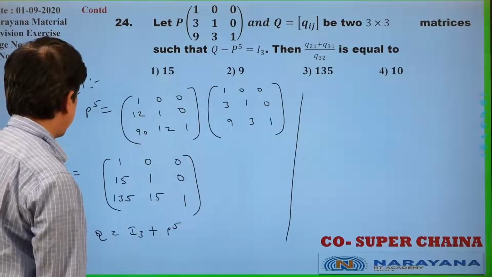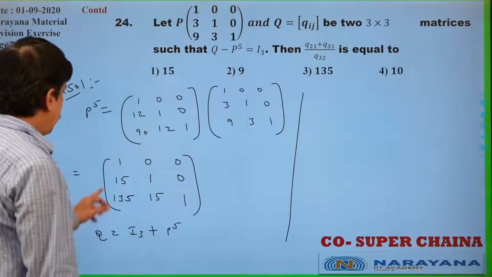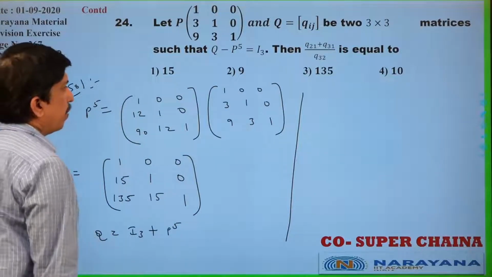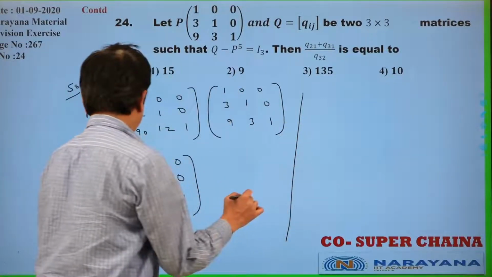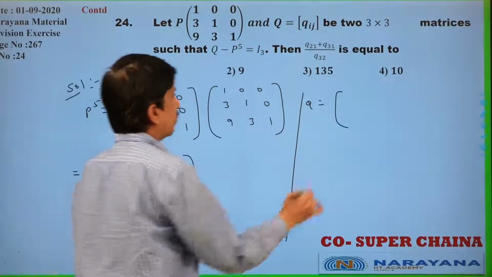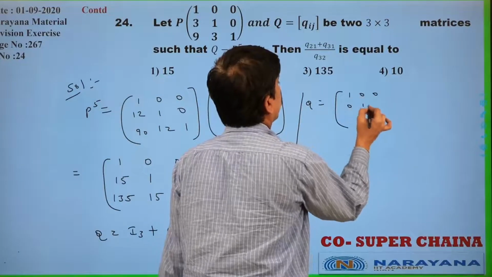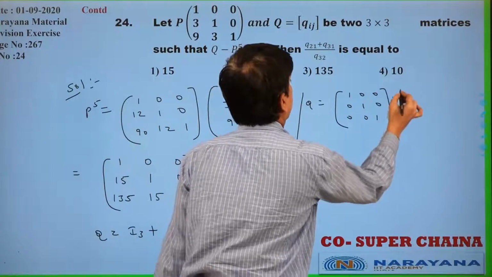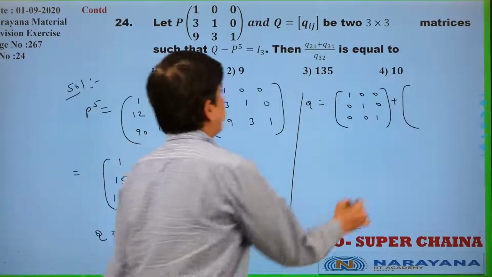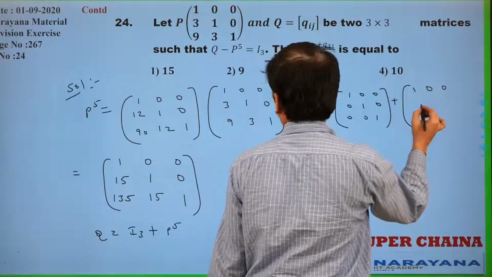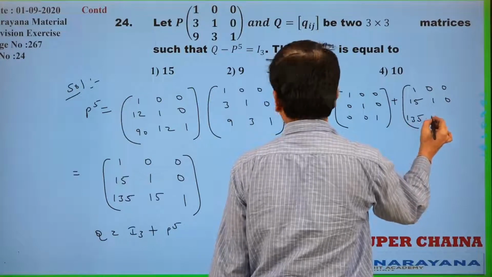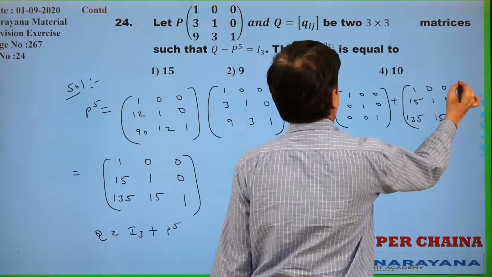I3 is nothing but 1, 0, 0, 0, 1, 0, 0, 0, 1, plus what you will get? P power 5 is 1, 0, 0, 15, 1, 0, 135, 15, 1. Is it clear?